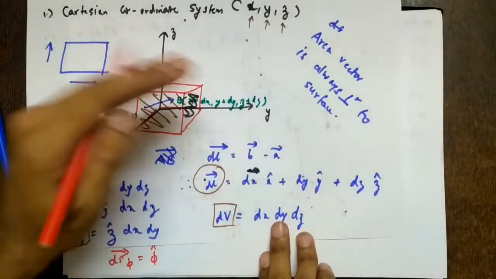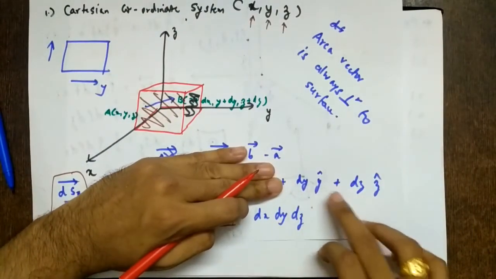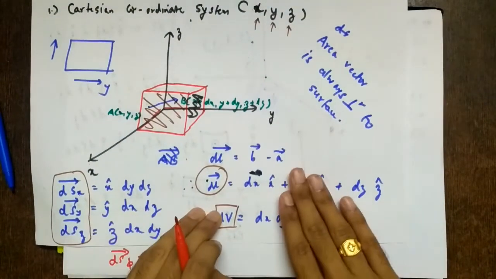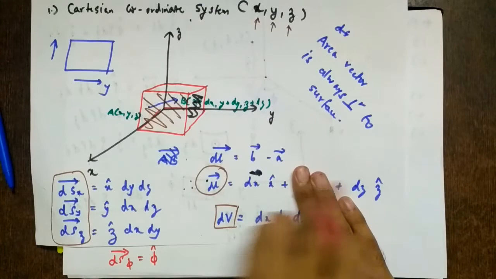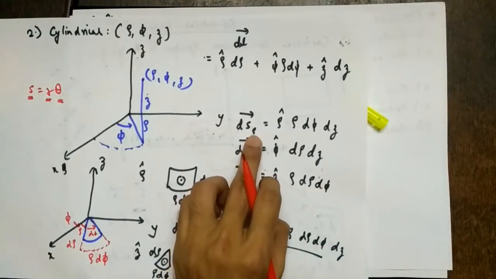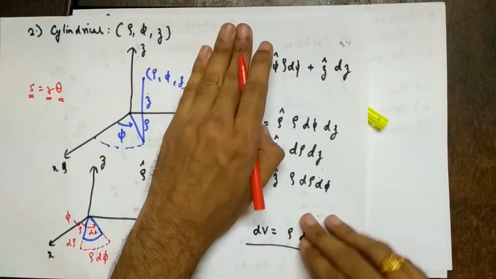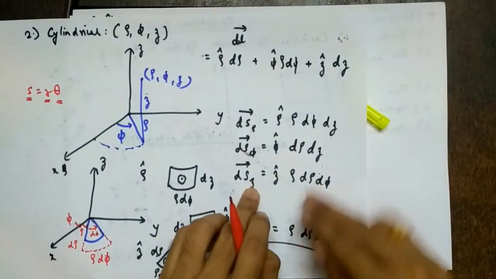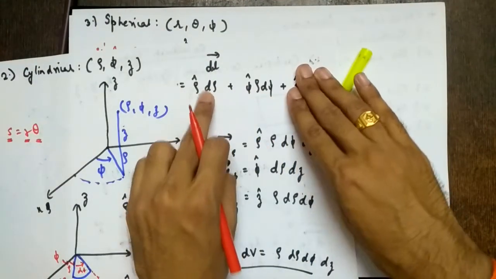So for x cap, from dl vector, remove this, take the coefficients dy dz. Then for y cap, remove y cap, take the coefficients of x and z, dx dz. Same happens for this. So for ds rho, remove rho cap, take rho d phi dz. For z cap, remove it, take rho d phi d rho. Right? So same way we can do.